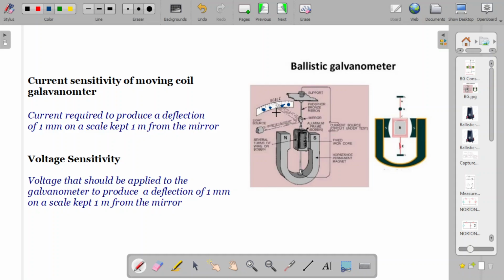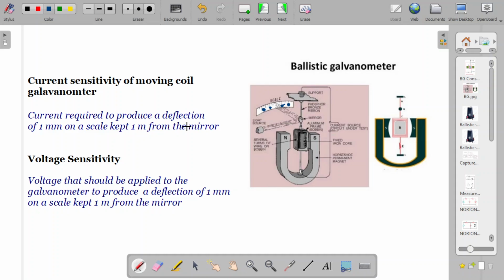If I keep the scale 1 meter away from the mirror and it produces a 1 millimeter deflection from the mean position, then whatever current is flowing at that time is termed the current sensitivity. Or I can say it is the current required to produce a deflection of 1 millimeter on a scale kept 1 meter from the mirror.